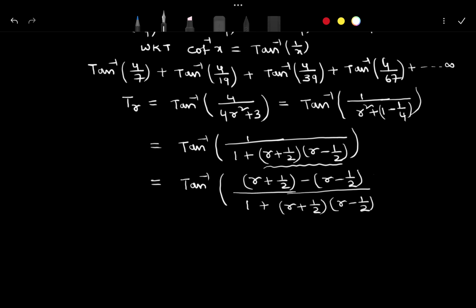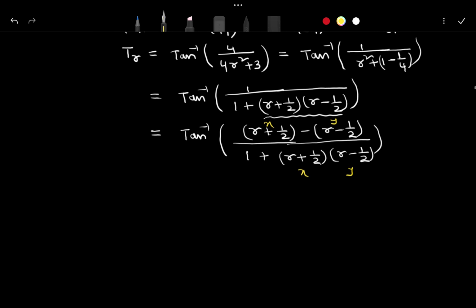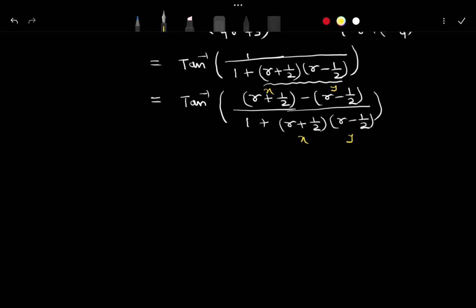Now, observing this, it is in the form of x minus y by 1 plus x into y. You know this formula for tan inverse x minus tan inverse y.